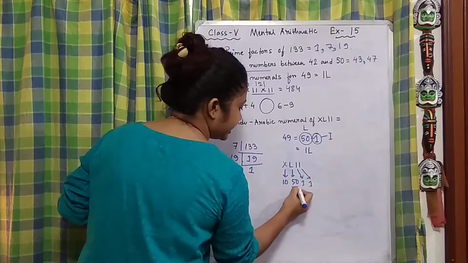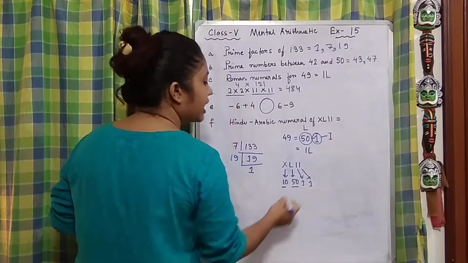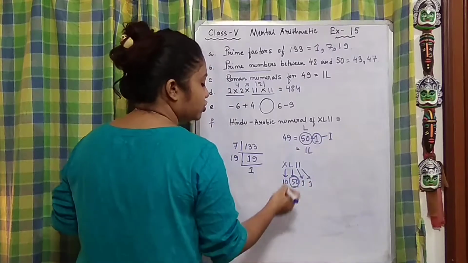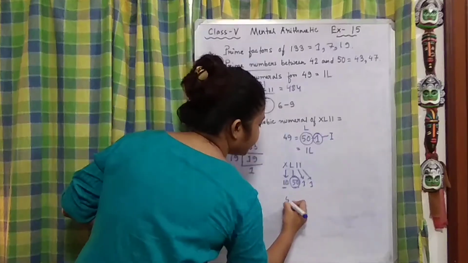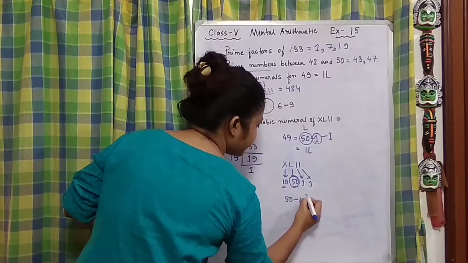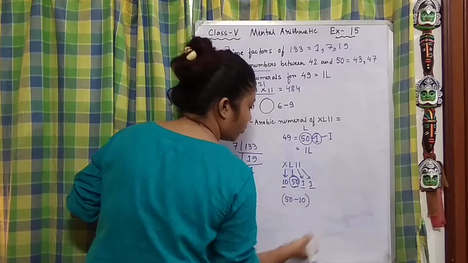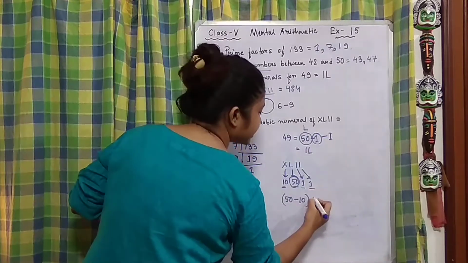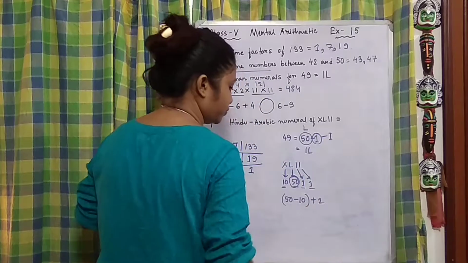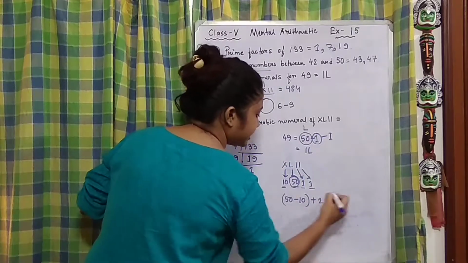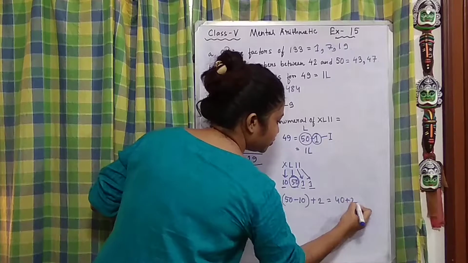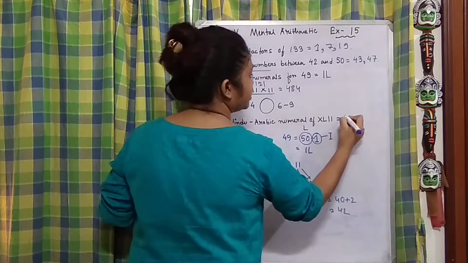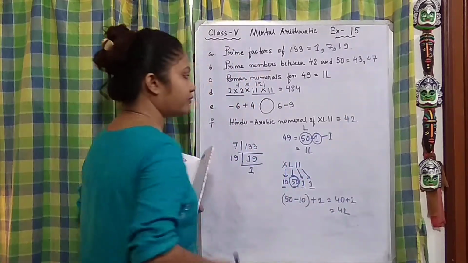Now you can see that 10 is standing before 50. So we say 50 minus 10, and the 1 and 1 are standing on the right-hand side. That means plus 2. Got it? So basically 40 plus 2. So the value will be 42.